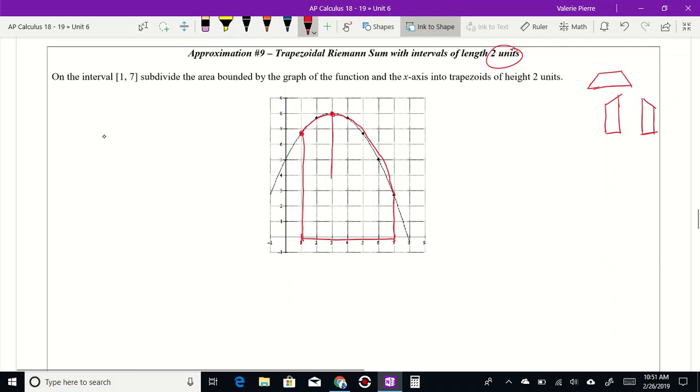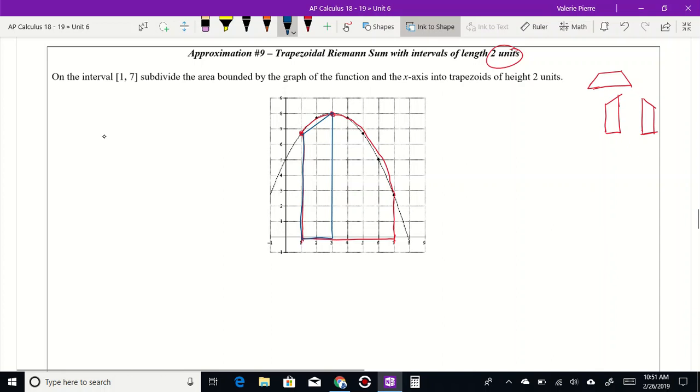So we're going to have a trapezoid that sort of looks like this. Let me actually use a different color so you can see the contrast, right? So we're going to have that end, right, so there's our first trapezoid.